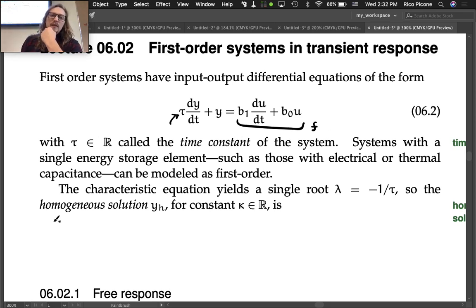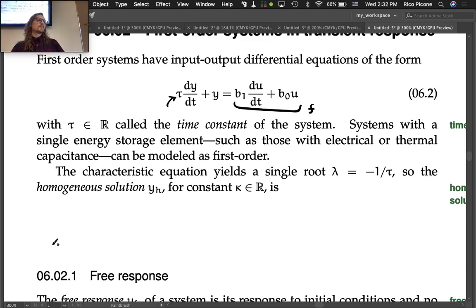Good. So systems with a single energy storage element, such as those with electrical or thermal capacitance, can be modeled as first order. We'll do a lot of examples of first order systems throughout, and I did add an example to this lecture today, so we'll see one of them. The characteristic equation yields a single root, lambda equal to -1/tau.